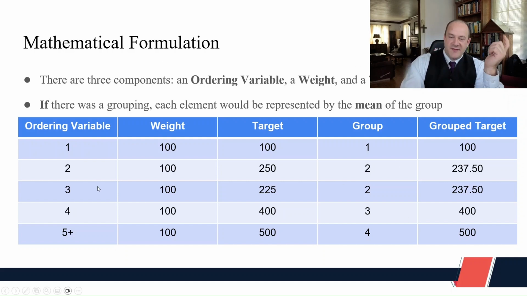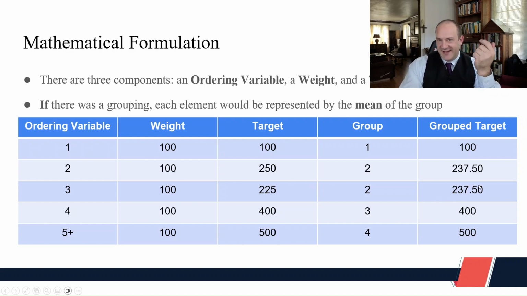And so that's what we're doing here, right? When we group together 2 and 3, we think of these things as being the same in the grouping. That's the whole point of being a group, right? Everything in there is interchangeable. And then we would basically assign the same risk to both of these guys. If you're a 2, you have a risk of 237.50. If you're a 3, you have a risk of 237.50, and everyone else simply gets the risk associated to them.